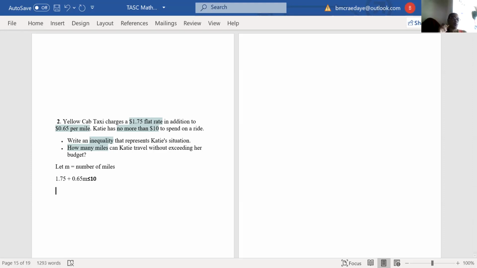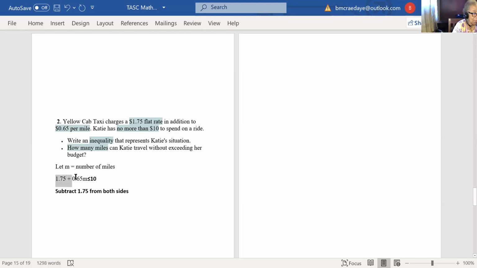What would I do with the 1.75 on both sides? What operation? Subtract, add, multiply, divide. Subtraction. That's it. Very good. Subtract 1.75 from both sides.